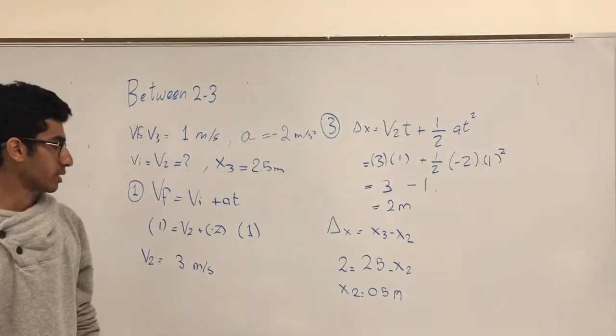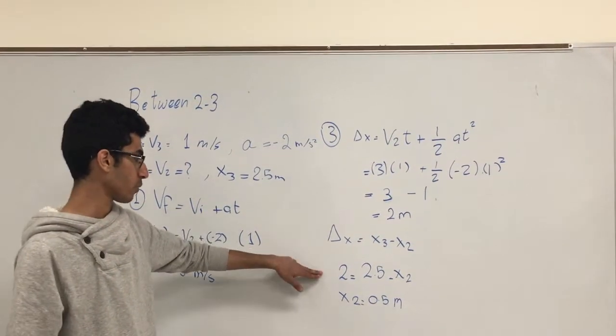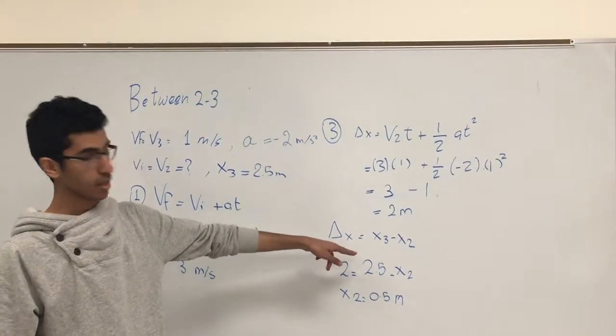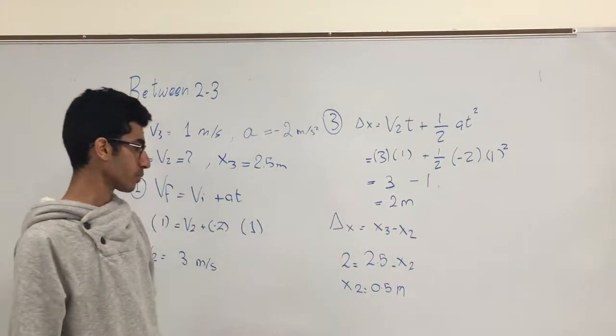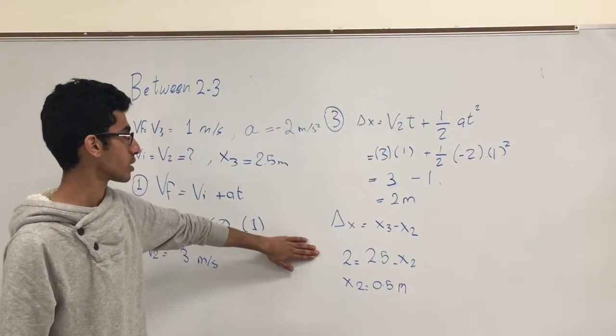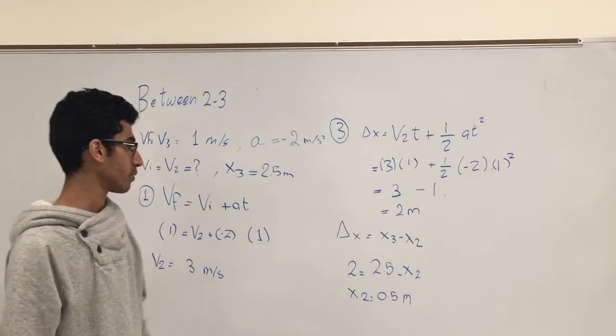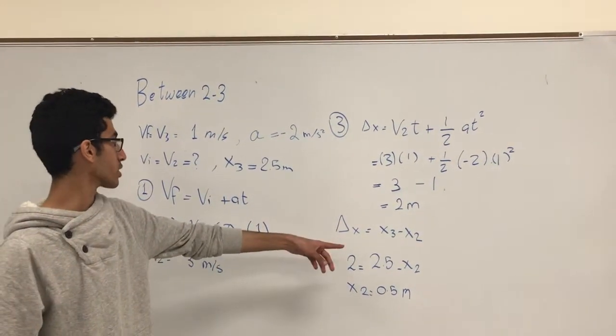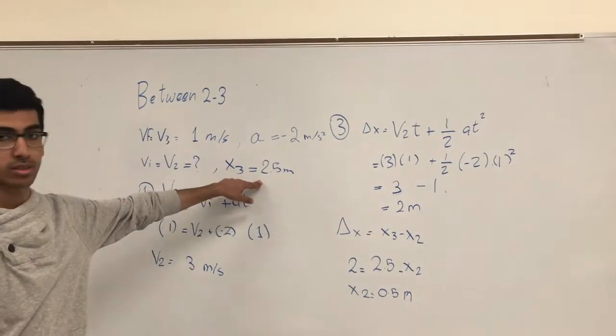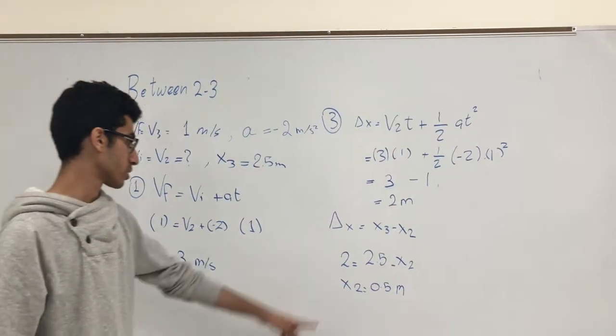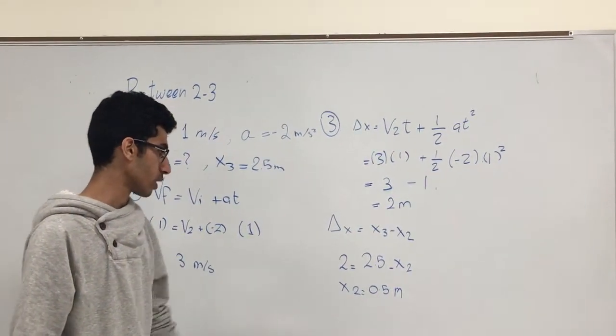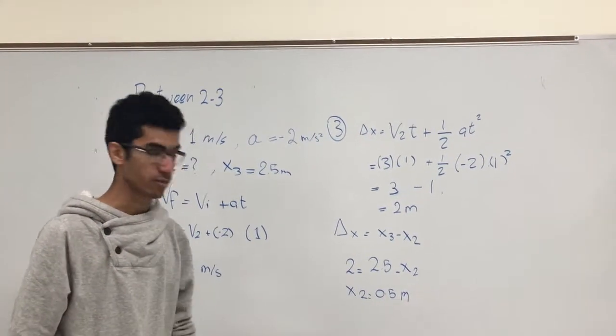And delta x equals x3 minus x2. We have delta x, which is 2 meters, and we have x3, which is 2.5 meters, and we just solve for x2, and we have 0.5 meters.